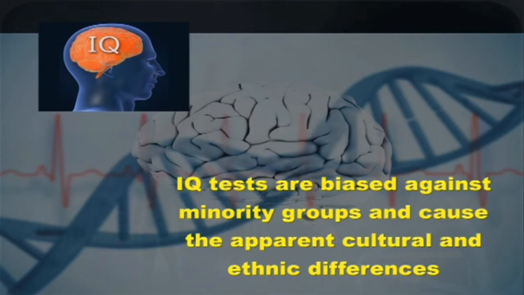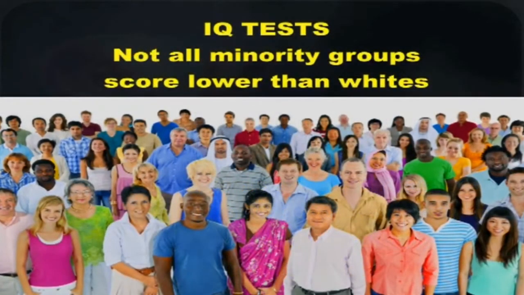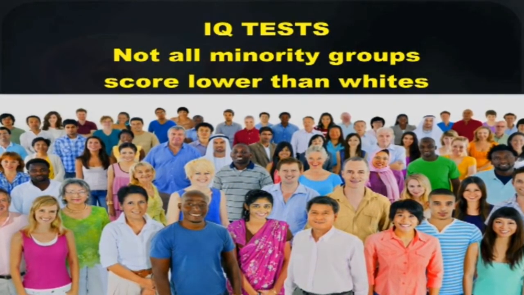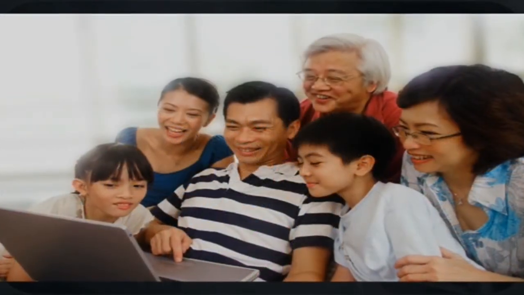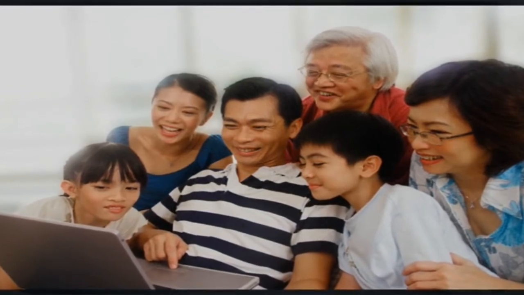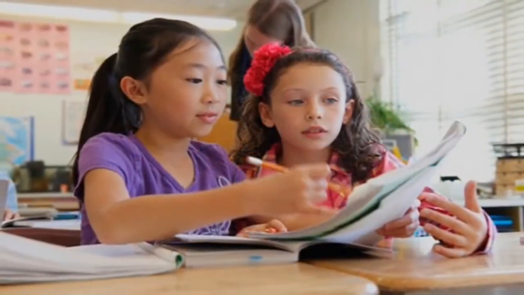However, not all minority groups score lower than whites on IQ tests. Asian Americans achieve a slightly higher IQ score on average than whites, and they also show better school performance.